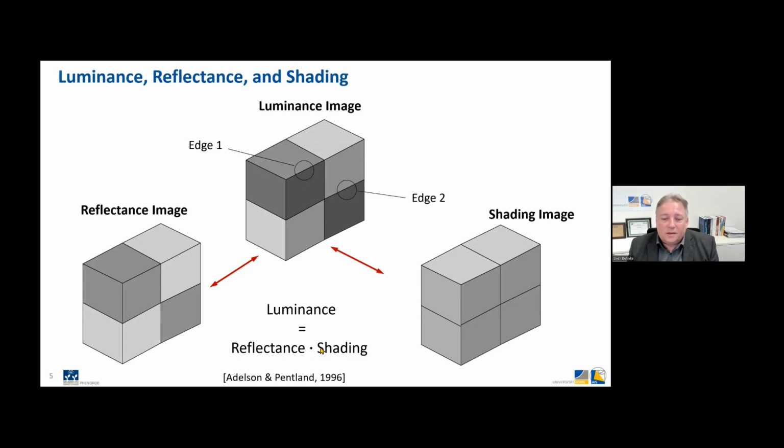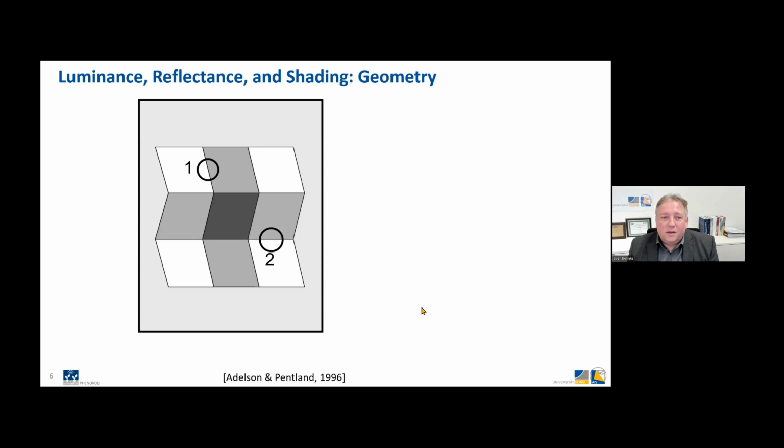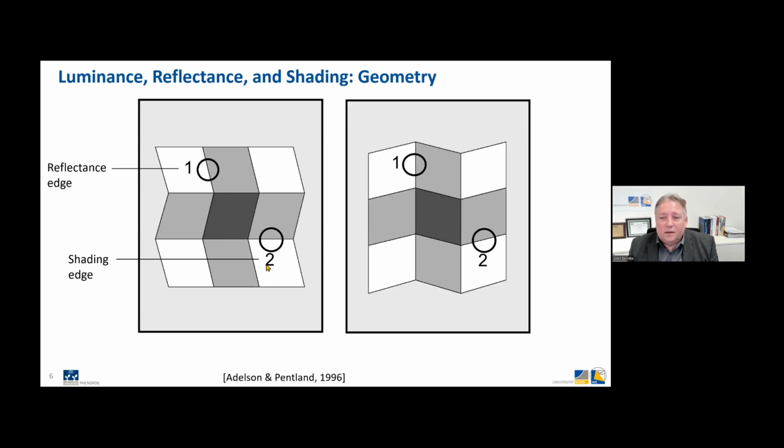Reflectance times shading equals luminance, but you don't know which part is which. If you, for example, here look at these two edges that have the same contrast, you may explain one by the difference in reflectance, and the second edge by the difference in shading at the two neighboring surfaces.